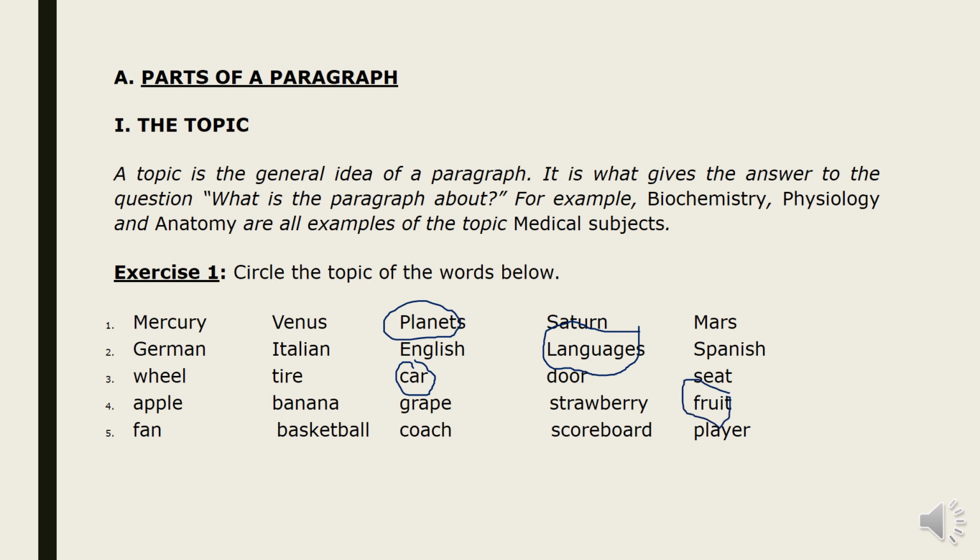Because all of the mentioned are fruits. Fan, basketball, coach, scoreboard, and player. What is the topic here? Yes, it's basketball. Why? Because the fan is a part of the game, the coach is a part of the game, scoreboard is a part of the game, and the player is a part of the game. So the general idea or the topic is basketball.